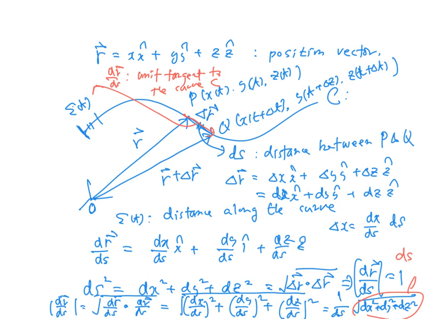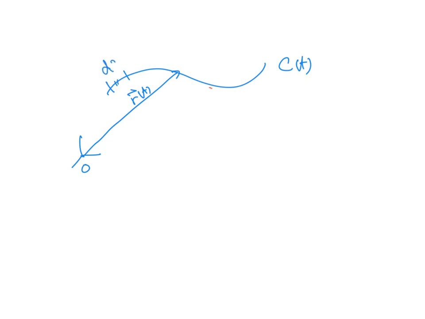So we found that ds... sorry. There's a curve C. It's parameterized by some parameter t. And we have some reference point O. This is your position vector r(t). And this is ds.